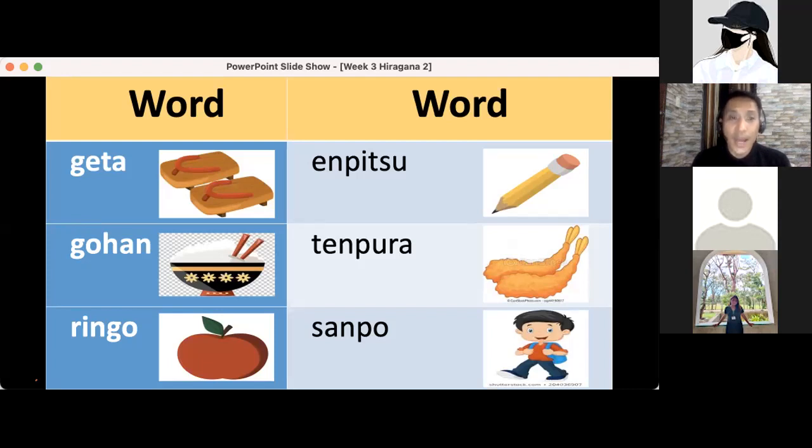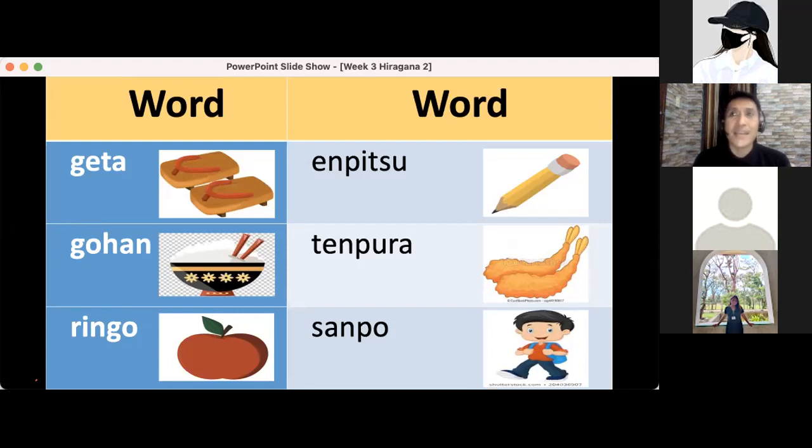So Gohan, rice. Ringo means apple, Empitsu means pencil, tempura, it could be fried. Ito ebi tempura, no? Shrimp or tawag dito, prawn. Pero yung tempura naman, it's not only prawn or shrimp. Pwede namang may tempura na vegetables.